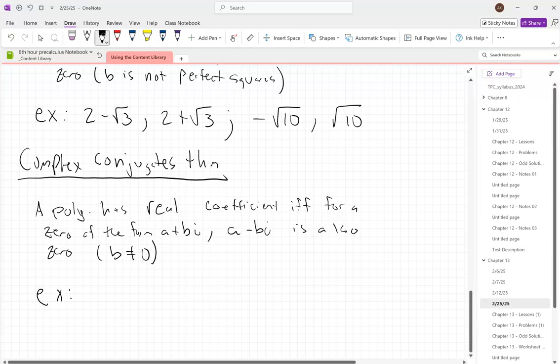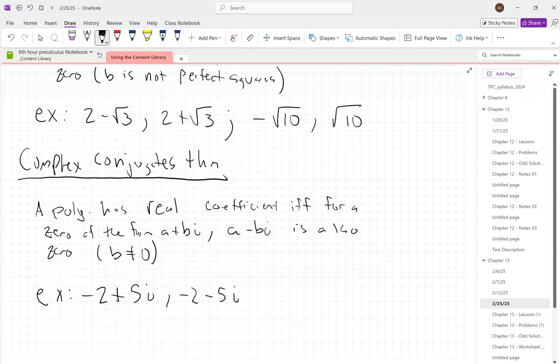So again, what this is saying is that if -2 plus 5i is a solution, then -2 minus 5i also has to be a solution. Or if 5i over 2 is a solution, then -5i over 2 also has to be a solution. Again, any imaginary solution is going to come in conjugate pairs.